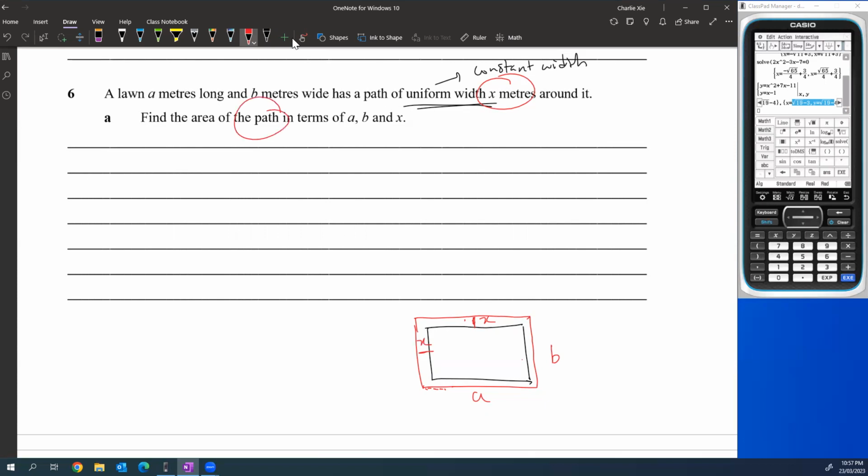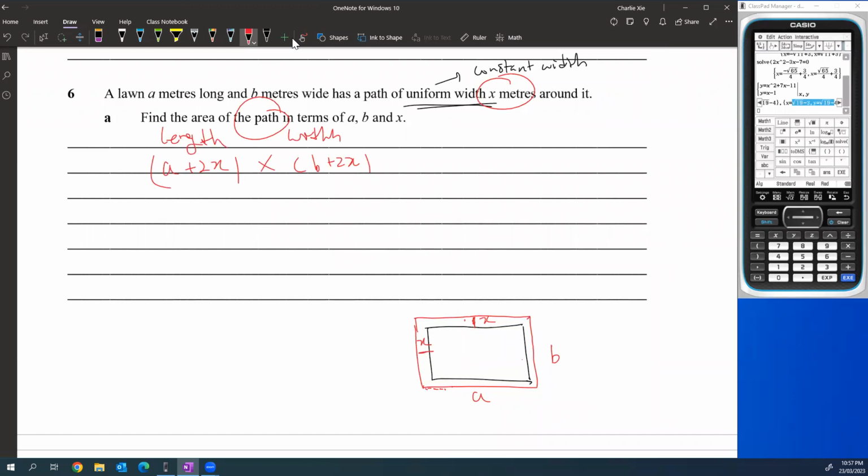Area of the path. So that's the big one, the big red rectangle. So your length becomes A plus 2x. This is your length. And your width becomes B plus 2x.